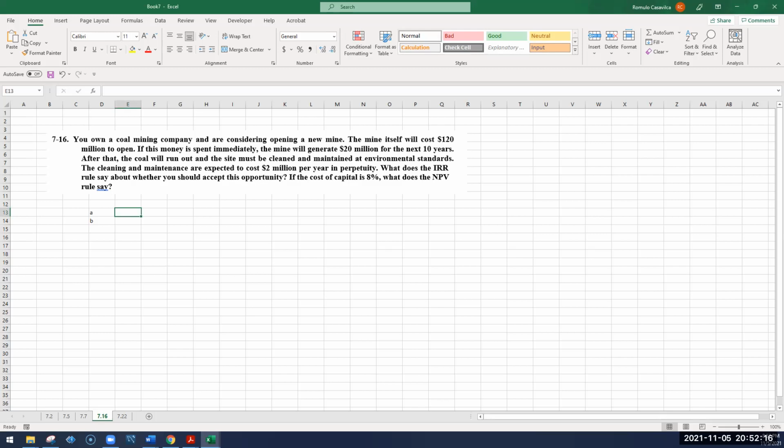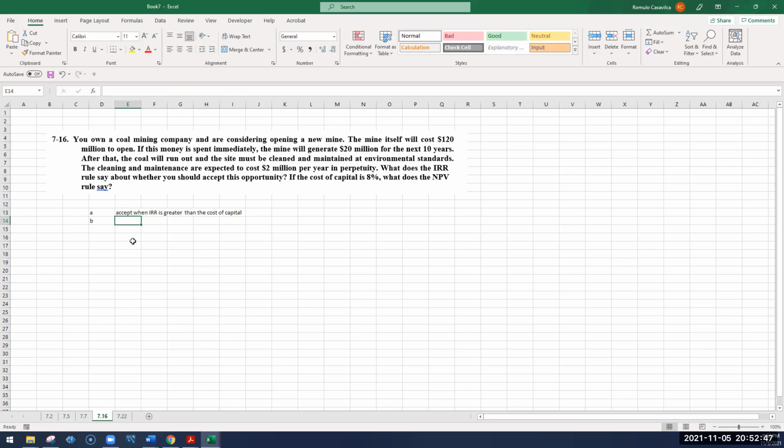They don't ask you to calculate the IRR, whatever these numbers, but you have to do a short answer. This is what I input, and I got it right. I put accept when IRR is greater than the cost of capital. That's what I put. I got it right, literally. It's like a short question.